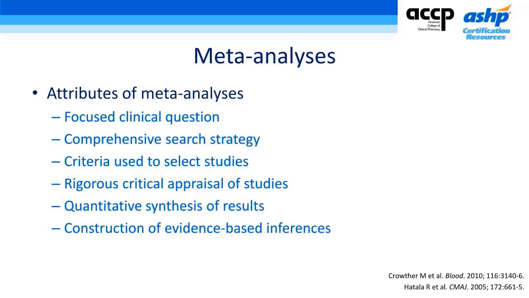And so usually with meta-analysis, you have one focused clinical question. As I've mentioned, the authors should have described the comprehensive search strategy using multiple databases where they retrieved the studies for inclusion. And then with that, they should have described the criteria they used to select the studies to include in the meta-analysis, with independent individuals assessing each of the studies and kind of ranking them based on their criteria.